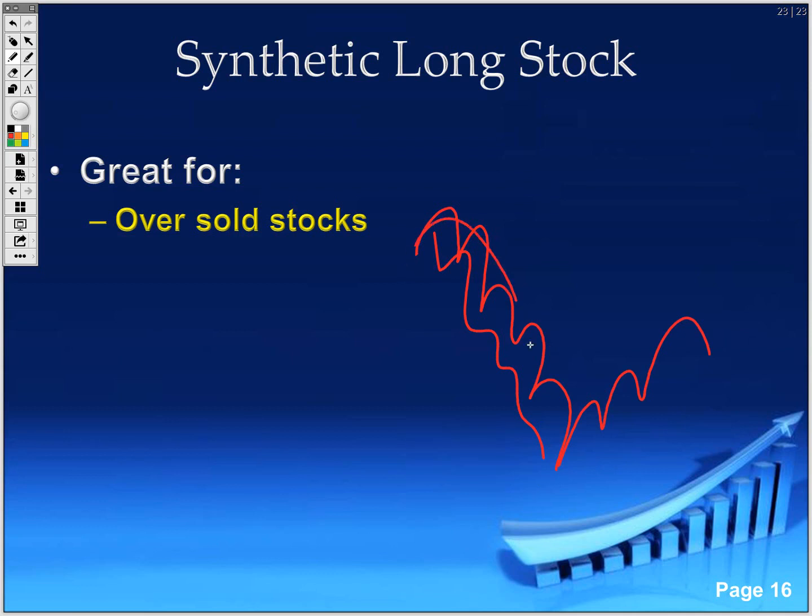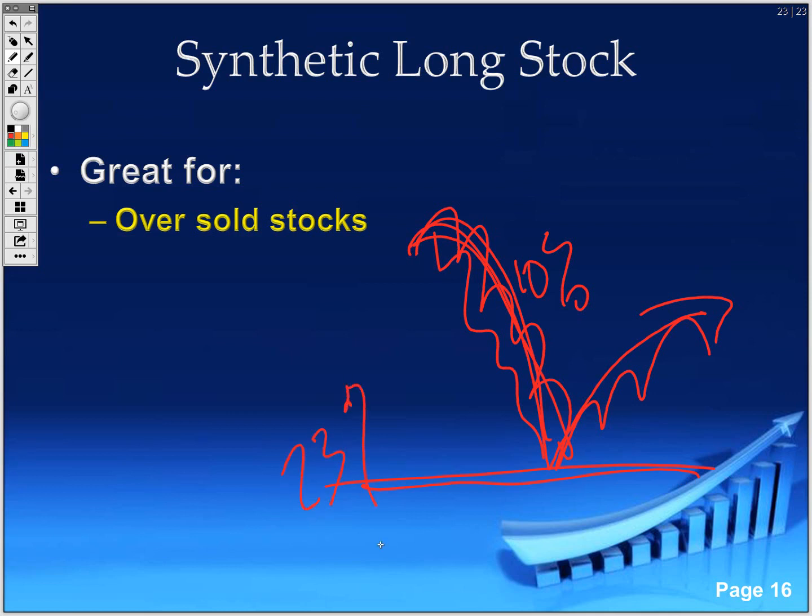So that's maybe what we're looking for. We're looking for that bounce higher and trying to catch that. This could be like a 10% move or however you want to gauge your move. Maybe it just came down to a Fibonacci and this is like the 23 or something like that, and you find that it's going to bounce off this and you think it's going to rally to a new level.